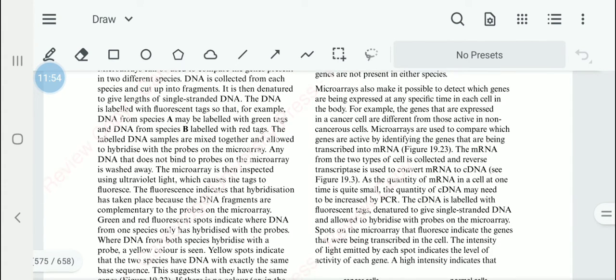Microarrays are also used to detect which genes are expressed and their level of expression.